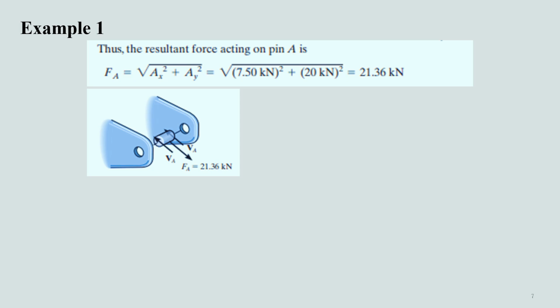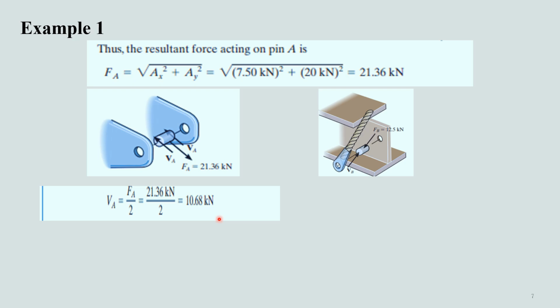The force of the beam, 21.36 kN, acting on the pin is therefore supported by shear force on each of these surfaces. This is called double shear, and the shear force is equal to 1/2 of this applied force of 21.36 kN.